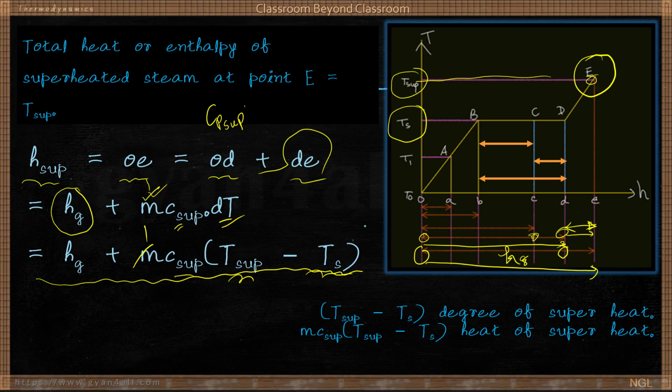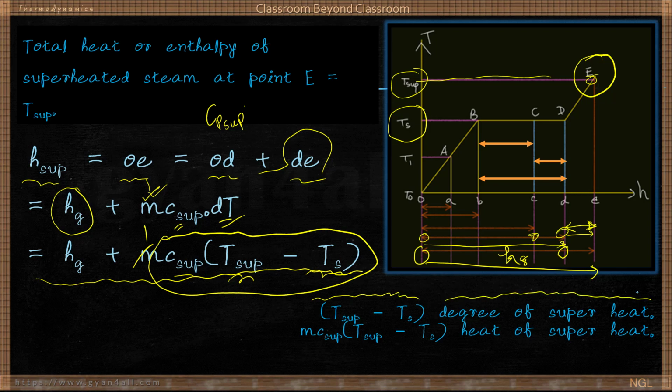This is the amount of heat for superheated steam. Hg plus this. Now this term has a special name. This temperature difference, T sup minus Ts, is called the degree of superheat. That means how much superheated. And m C sup times this is the heat, so it is called heat of superheat.